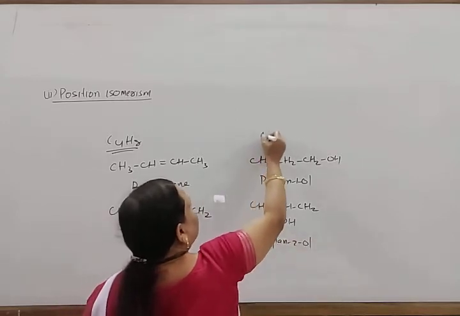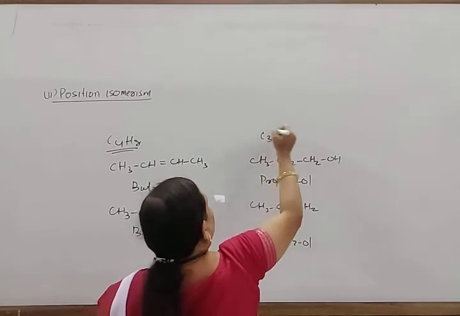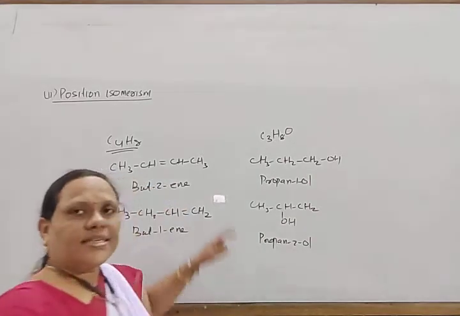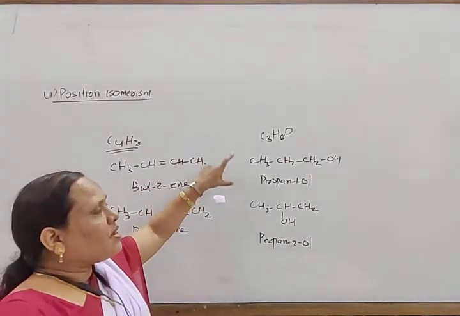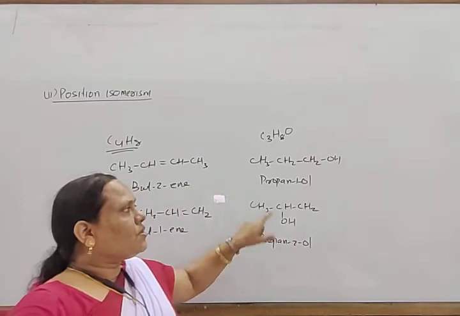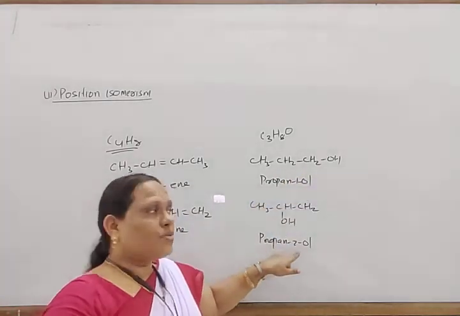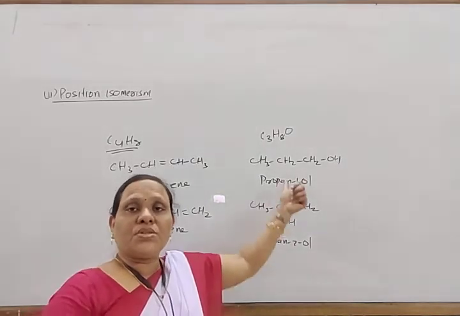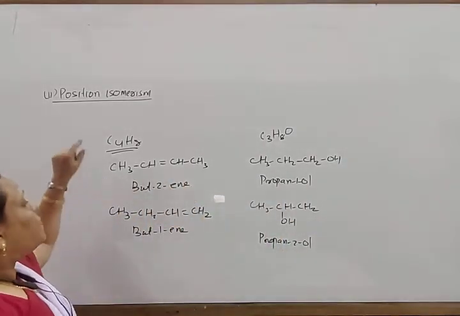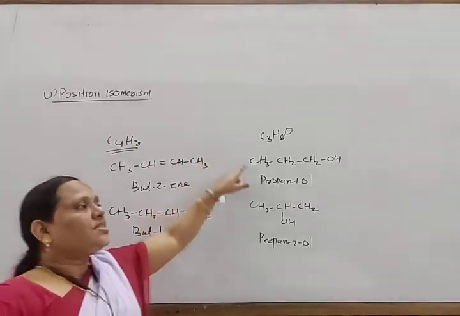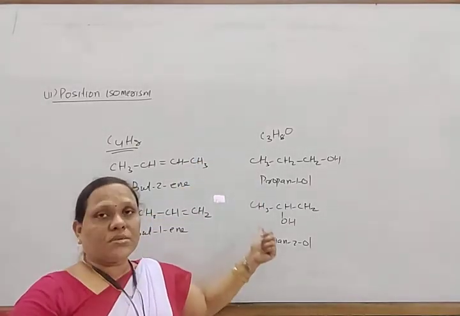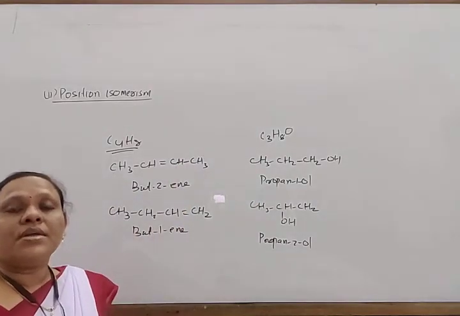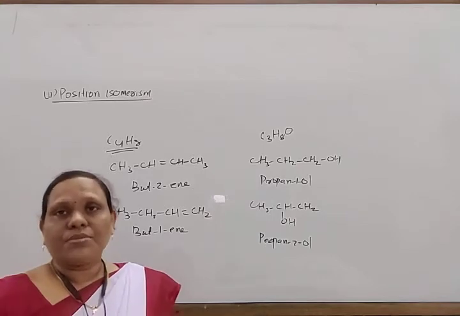So both have the same formula, C3H8O, and they both contain the same functional group, but the position is different. That is known as position isomers. These two are position isomers of each other, and this phenomenon is called positional isomerism.